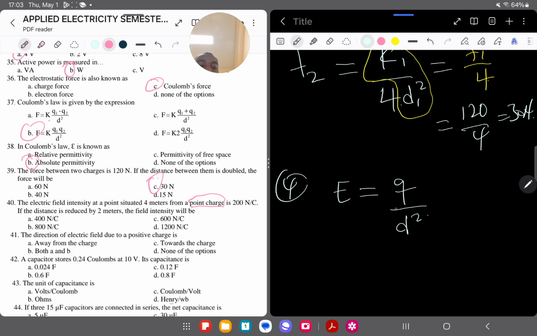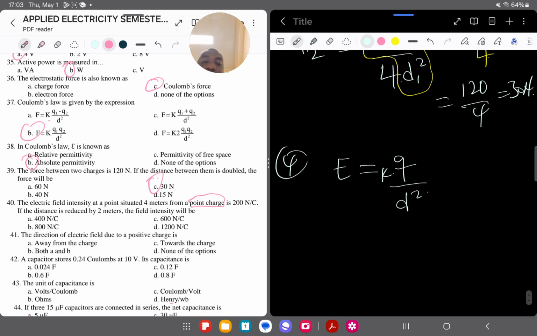This is the formula for electric field intensity, right? Now you can see it's similar to the case of the force. We can simplify to mean that the electric field intensity is inversely proportional to the square of the distance between the two charges, right? One is a test charge, which is 1 coulomb, and the other charge.